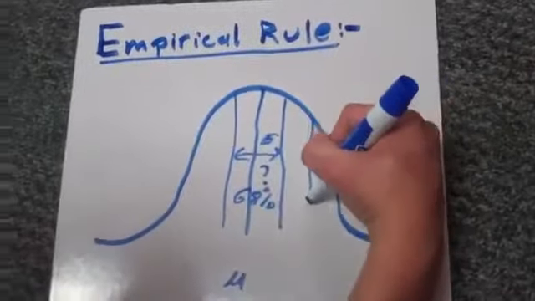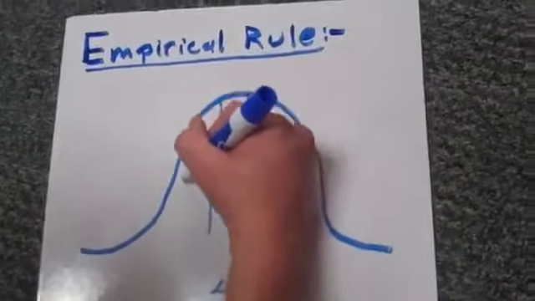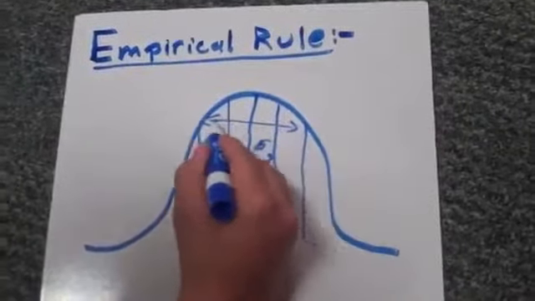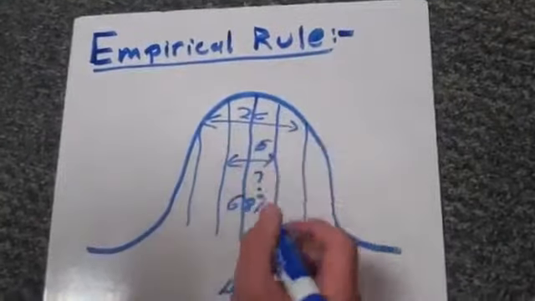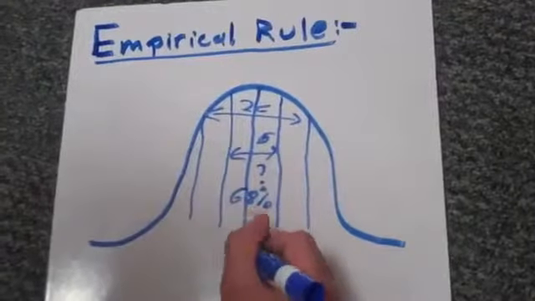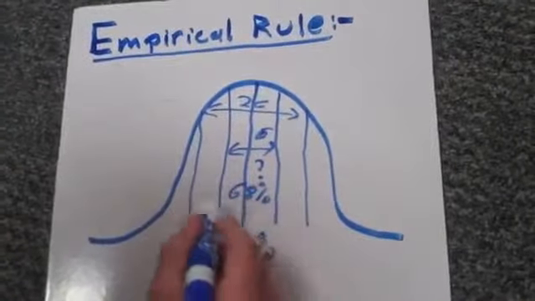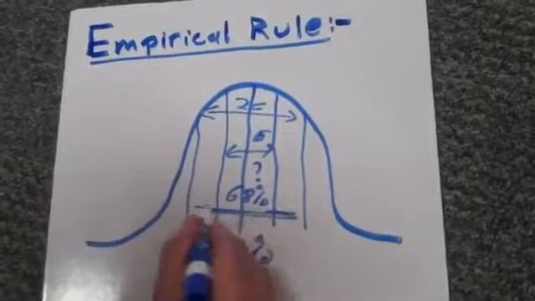And between 2 standard deviations of our data, we will have 95% of our data, which will be basically all of this right here.